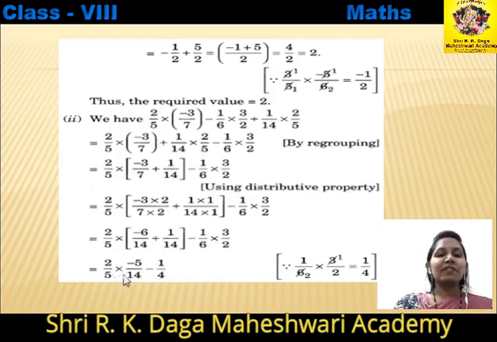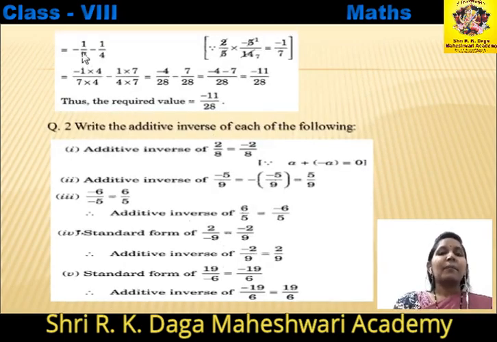Now when we solve these two terms, again 5 1s are 5, 5 1s are 5, this 5 will be cancelled and 2 1s are 2, 2 7s are 14. See, minus 1 by 7, 5 and 5 are cancelled, 2 1s are 2, 2 7s are 14. So the term will remain minus 1 by 7, minus 1 by 7 and minus 1 by 4.